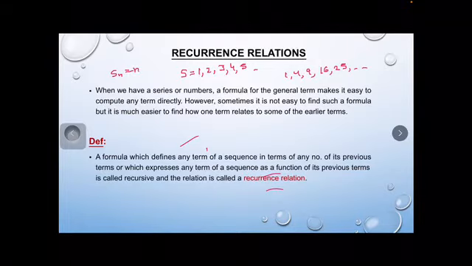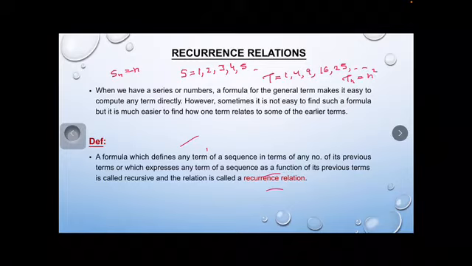If we talk about the series 1, 4, 9, 16, 25 and say this is denoted by t, what's the nth term? The nth term, Tn, is n square, right?